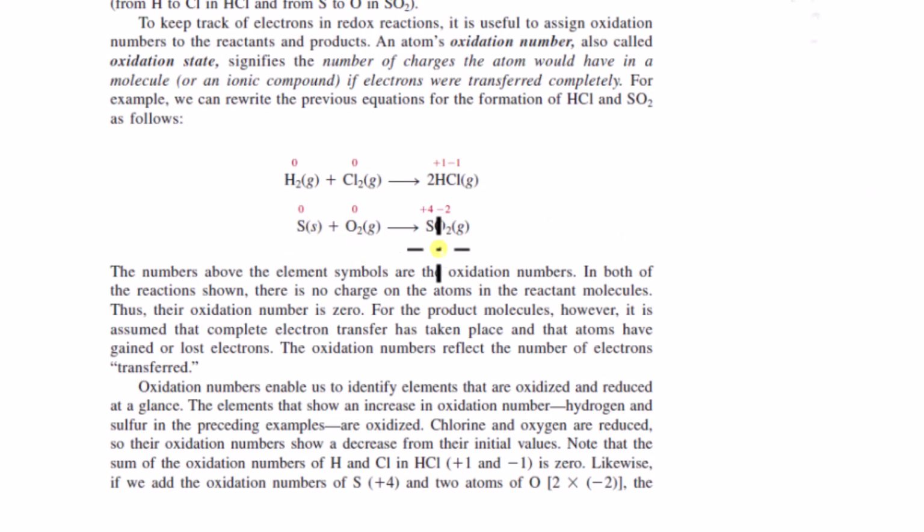It makes it very easy to analyze how electrons have shifted in a redox reaction, how many electrons have shifted, from which atoms to which atoms, which atoms are oxidized and which atoms are reduced, and to what degree, how many electrons.